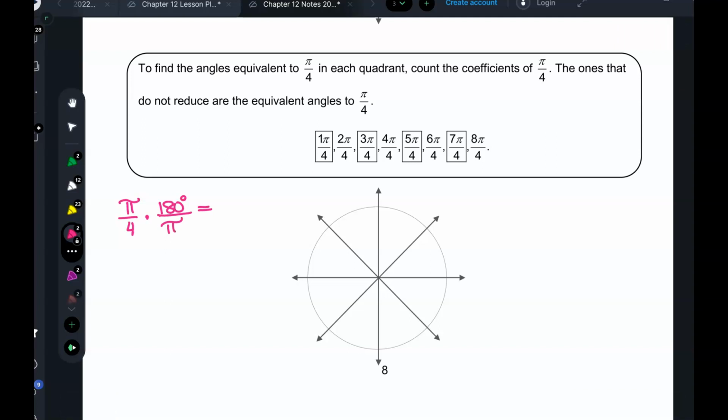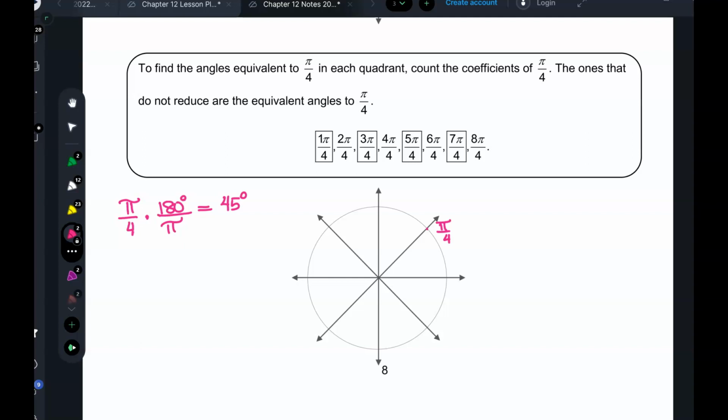It ends up being a 45-degree angle. Now 45s are a little bit easier because they're right in the middle. So 1 pi over 4, or just pi over 4, is here. Pi over 4, again, is the same thing as 45 degrees. It's just a different way to say it. So if I said, show me an angle of pi over 4, it's just 45 degrees.